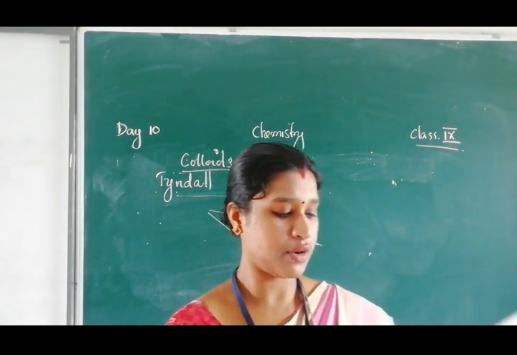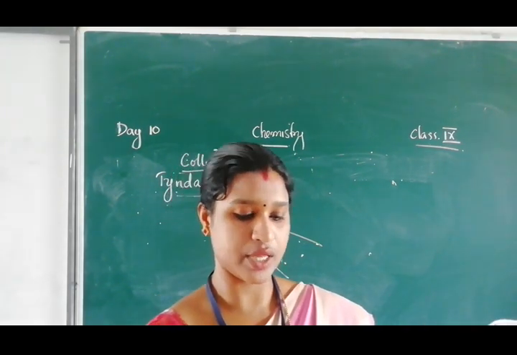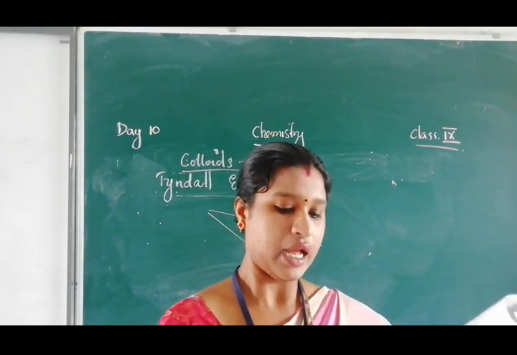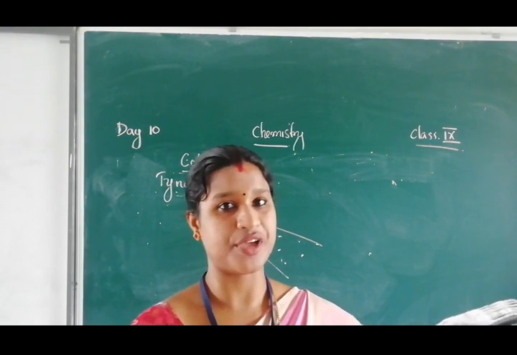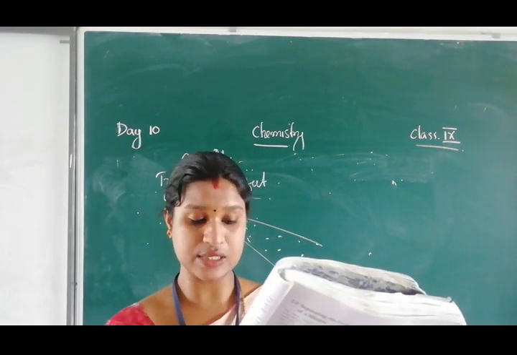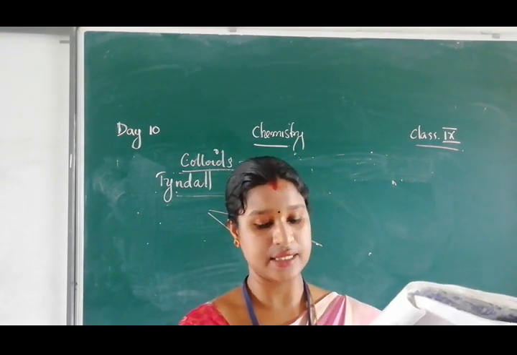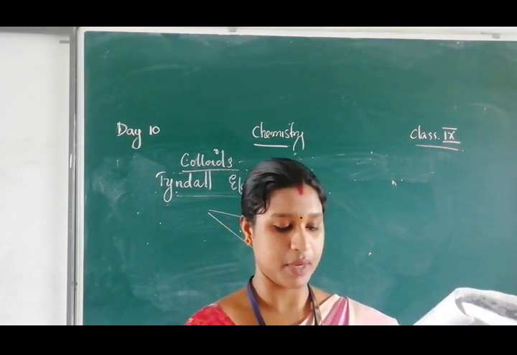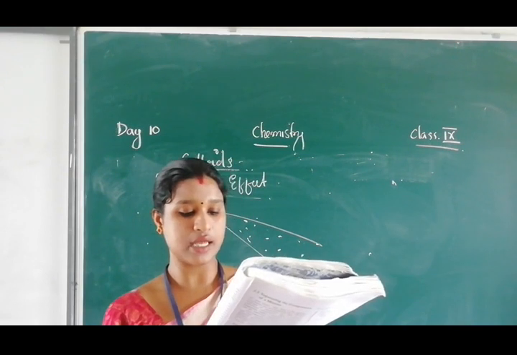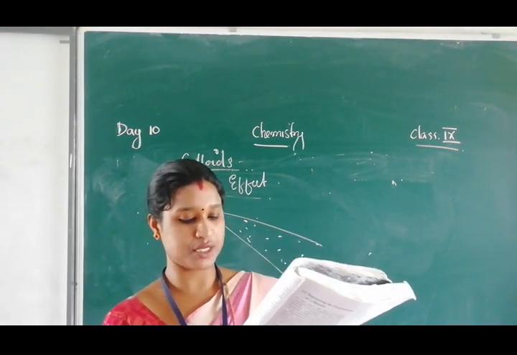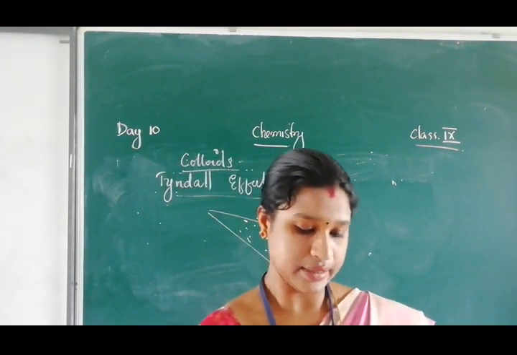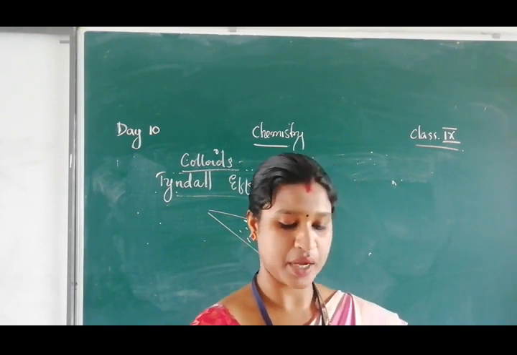Then if the phase is liquid and the medium is liquid, it is known as emulsion, and examples are milk and face cream. Then phase solid and medium liquid, the type is sol, and examples are milk of magnesia and mud. Phase gas and medium solid, the type is again foam, and examples are foam, rubber, sponge, pumice.